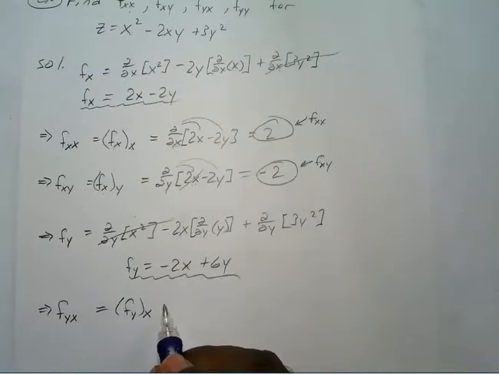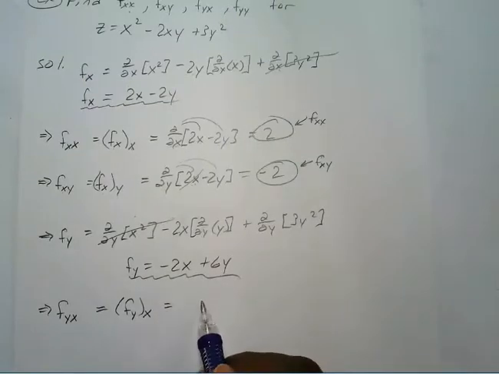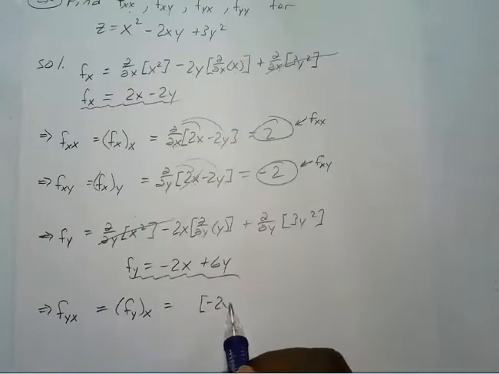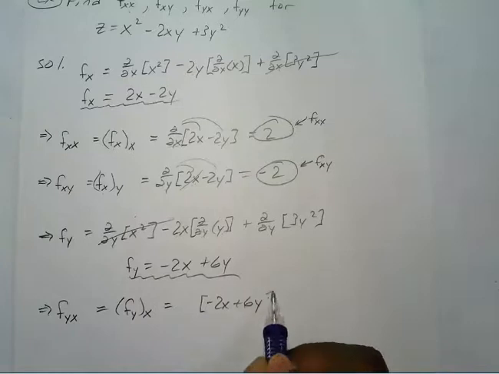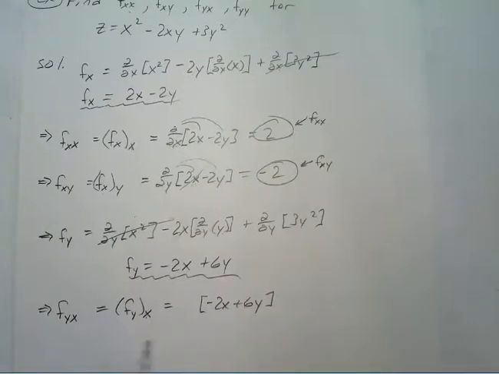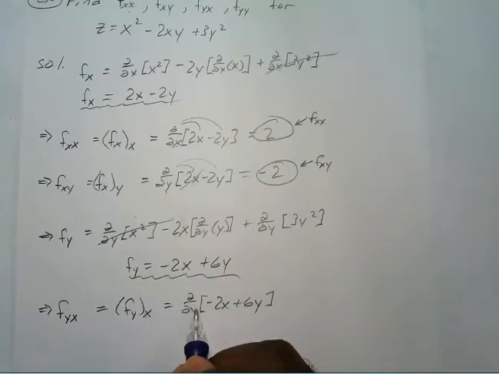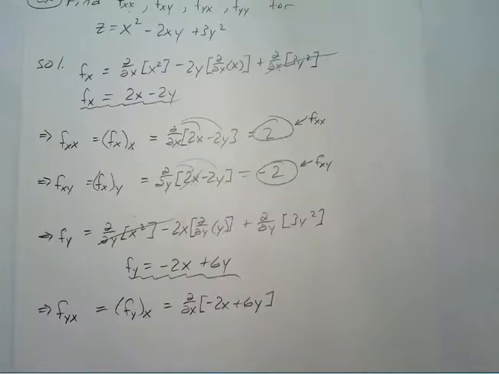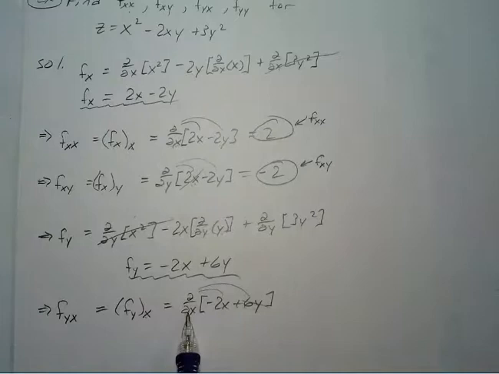Alright, so that's going to equal negative 2x plus 6y, and that with respect to x. Okay, so if we find the partial derivative of both terms, you see here that the partial with respect to x of 6y is just going to be 0, because that's the derivative of a constant. Okay, so the partial with respect to x of negative 2x is equal to negative 2.